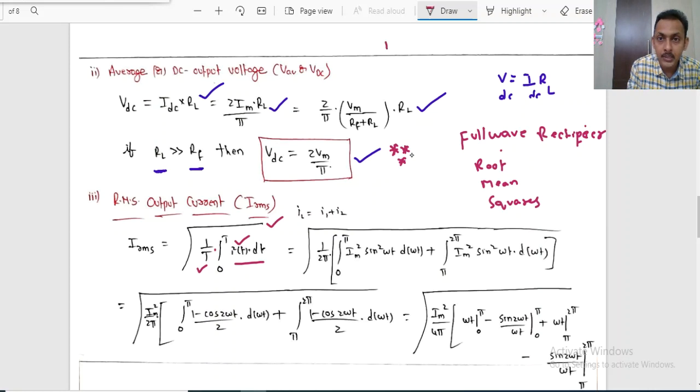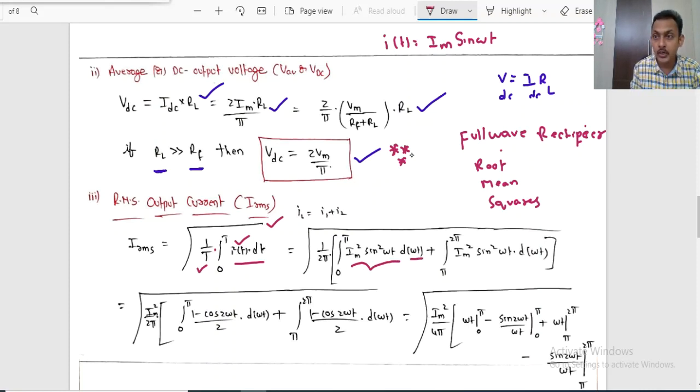From the previous basics, the mathematical form is I of t equals Im sin omega t, but we are supposed to take I square of t. So we get Im square sin square omega t with respect to d omega t.